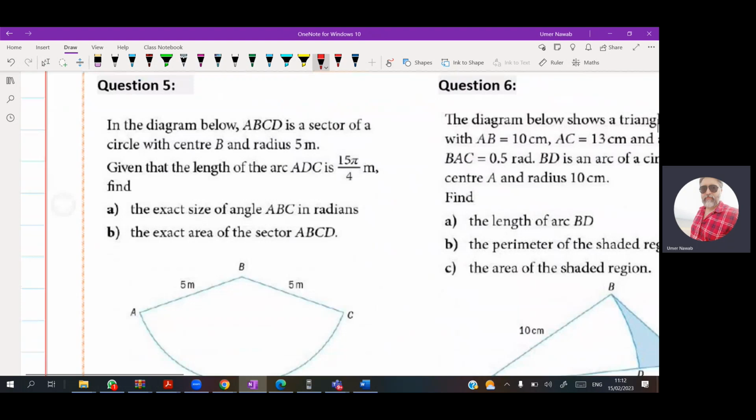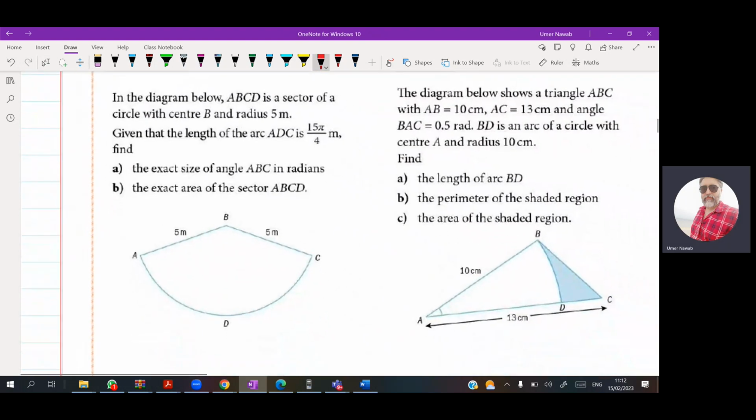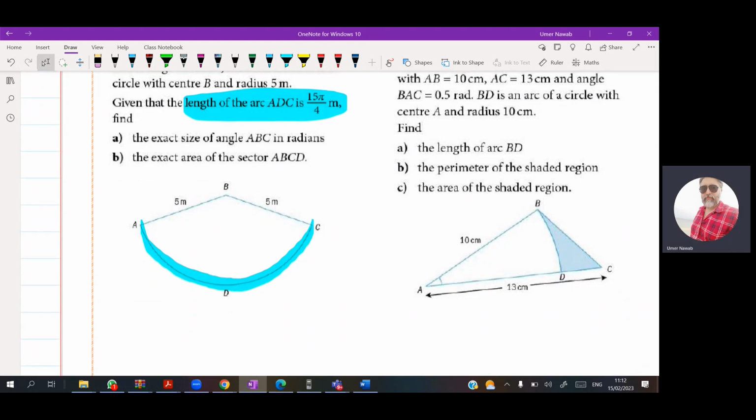Next question. He said that the arc length is 15 pi over 4. Which one is 15 pi over 4? This is 15 pi over 4. Find the exact angle ABC. This angle theta is to be found. Okay, arc length is given.